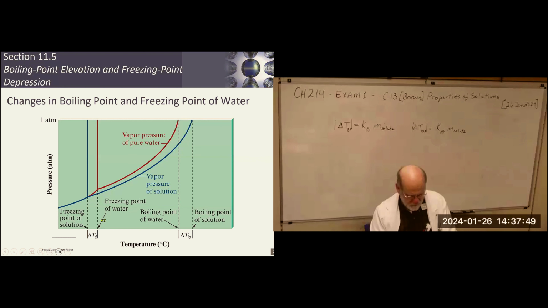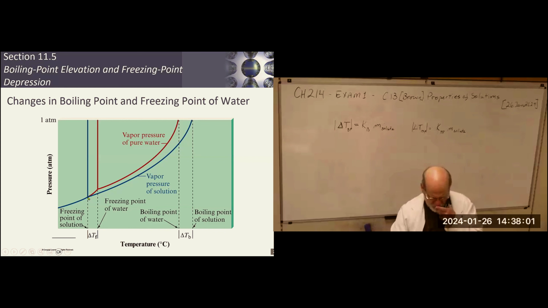Freezing point. So this is the freezing point of pure water, and the freezing point of the solution is lower, but the reason for it is not as self-evident as for the boiling point. Pressure is less for the freezing.